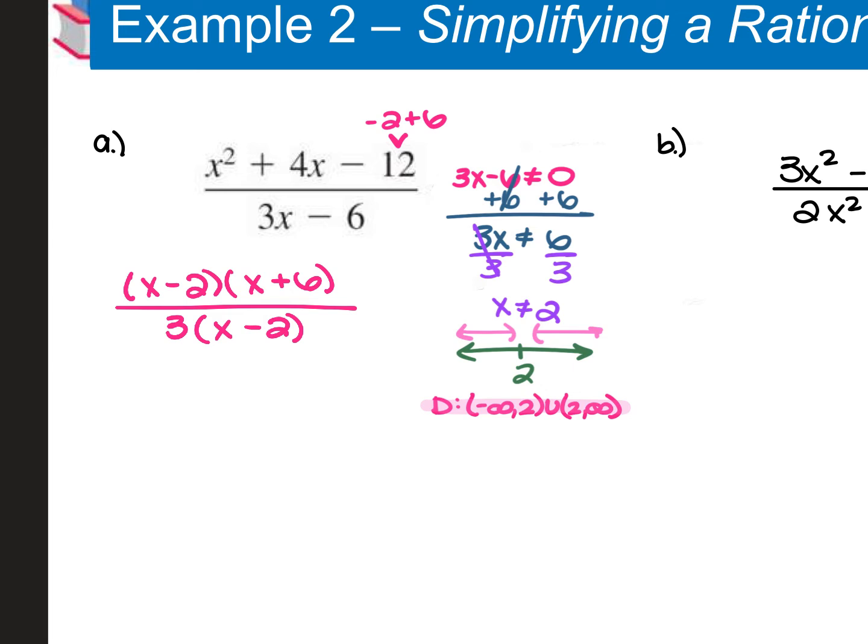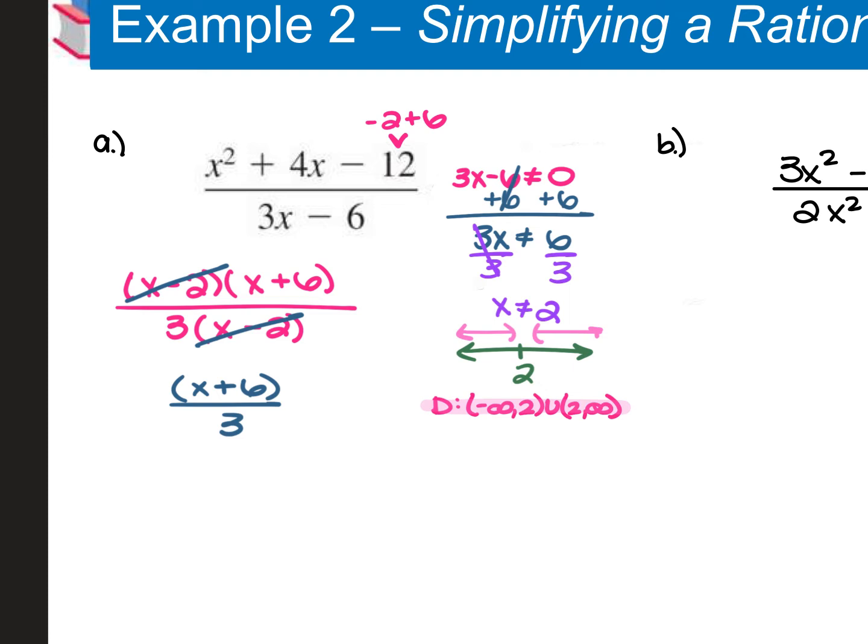X minus 2. X minus 2 is in a set of parentheses, and it's on both the top and the bottom. So because it's on both top and bottom, they can cancel each other out. So this just leaves you as x plus 6 over 3. You cannot simplify anything else with that. That 6 that's on the top is attached to the x with addition.